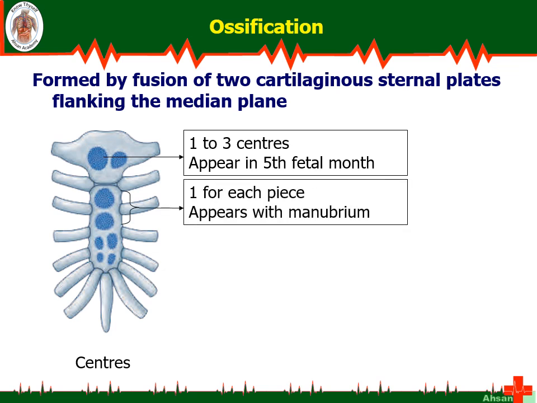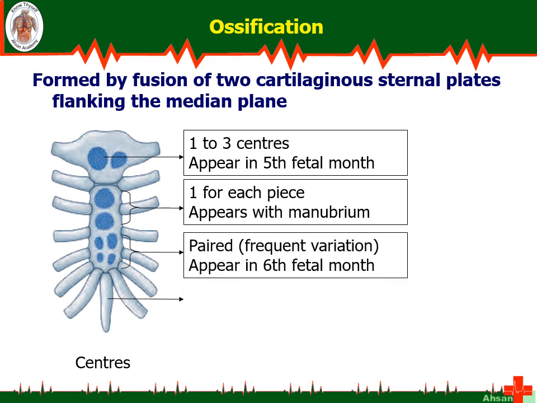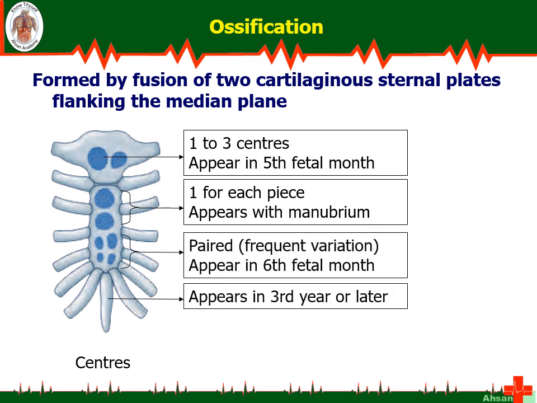Then if we consider the upper 2 pieces of the sternal body, each has 1 or maybe more than 1, and usually appear with the upper one, meaning the centers of the manubrium sterni. Below, the centers are usually in pairs for each of the pieces of the sternal body. Then this appears a bit 1 month late.